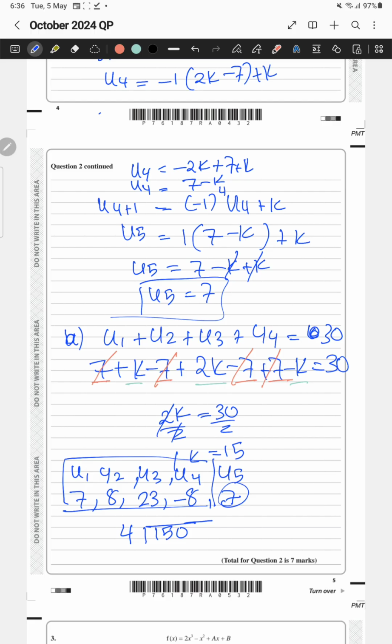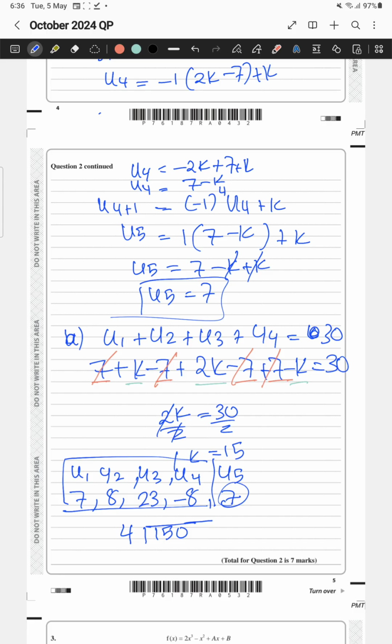Now you can do it similar to the long division method to find the remainder. So 150, is it wholly divisible by 4? It's not wholly divisible by 4.